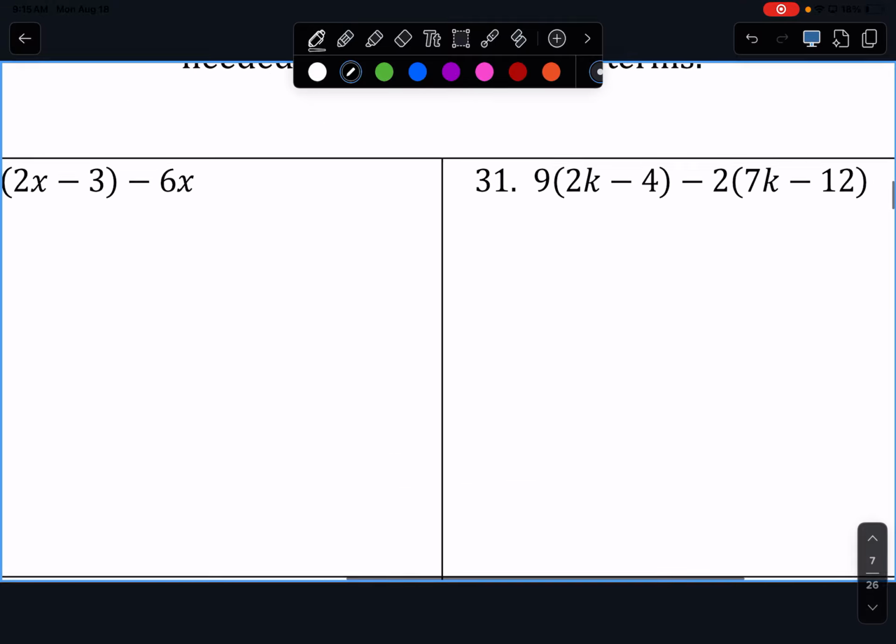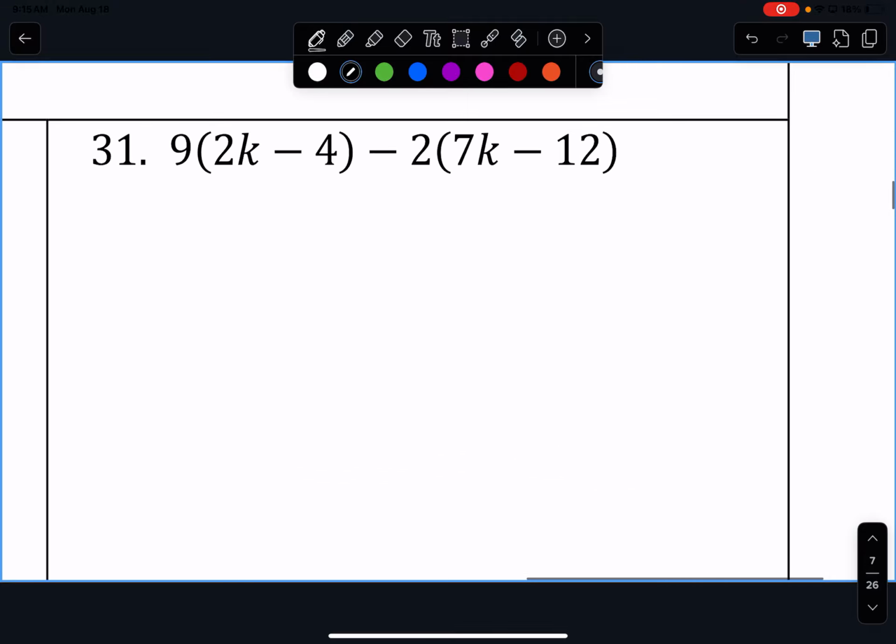So for 31, all right, we're going to look at how many different things I have to distribute in this one problem. 2 different things, right? So first I'm going to do 9 times 2k, which is going to give us 18k.